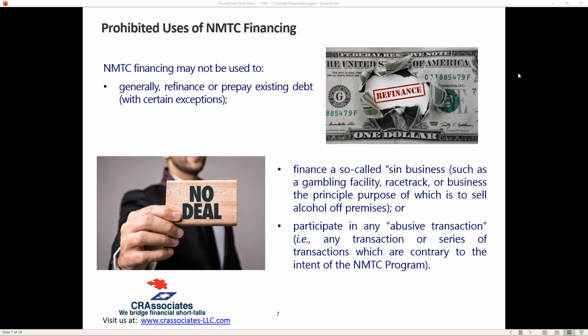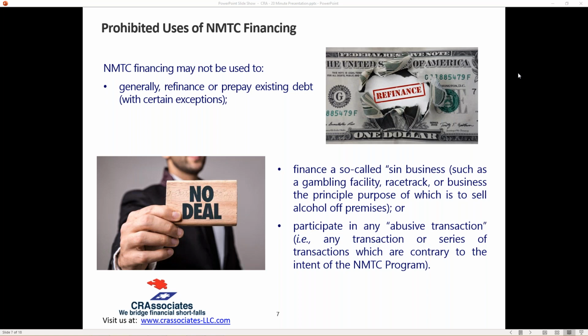For example, if debt is maturing and the borrower cannot otherwise pay it off or refinance, or the borrower is not able to make timely debt service payments on its existing debt, the new market tax credit financing may be able to be used provided that the business or nonprofit would be partially or completely shutting down, resulting in significant direct or indirect job losses, direct or indirect losses of community and consumer goods and services to the community, and/or any other direct or indirect negative economic impacts in the community and other targeted populations.